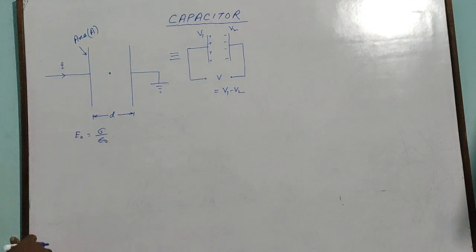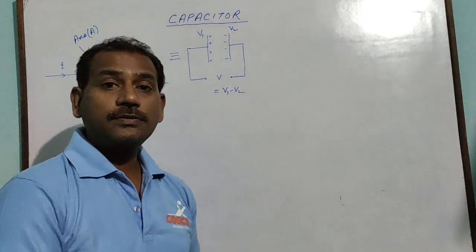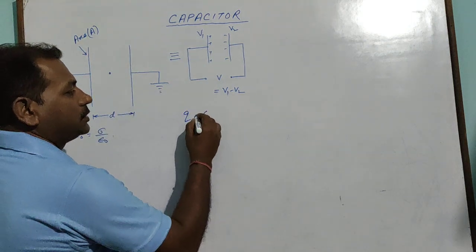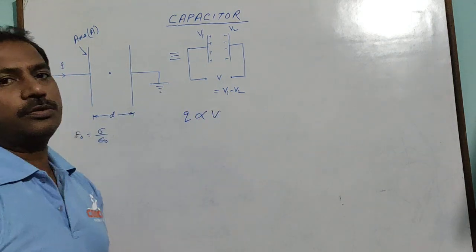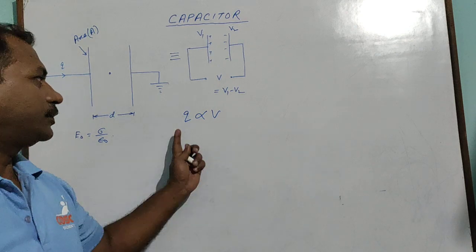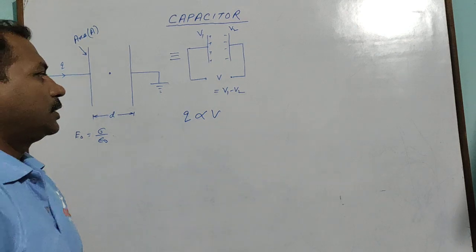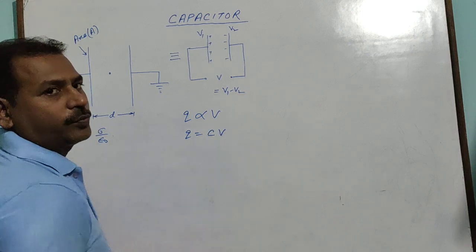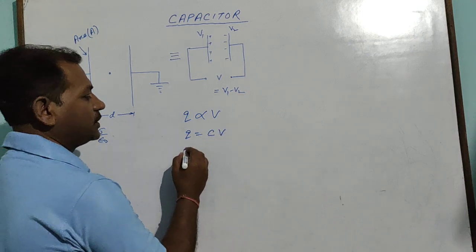How will we find out the electrical capacitance? When we provide charge, that charge will be directly proportional to potential difference. We know it. If we replace the proportionality sign, we are bound to use some constant.